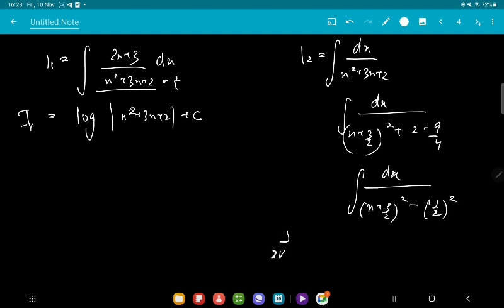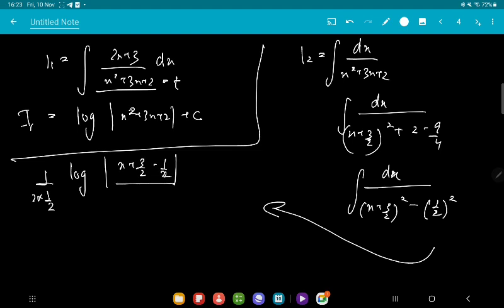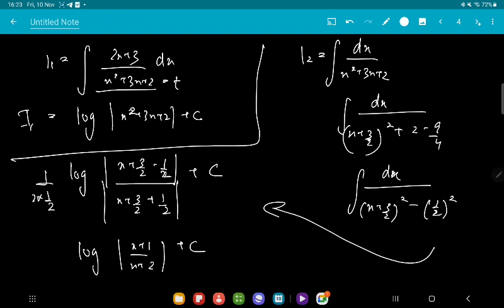Once you solve it up, 1 upon 2a log, I should write it down over here, 2a log of x plus 3 by 2 minus 1 by 2 over x plus 3 by 2 plus 1 by 2. This is how it would be. You will solve it more and you will get your answer like this. This would be your answer.